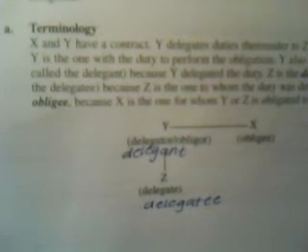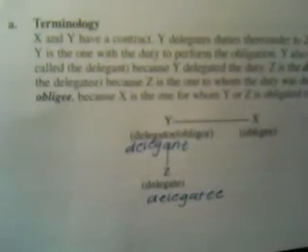So the rights and liabilities of the obligee are as follows. The obligee must accept performance from the delegate of all duties that may be delegated. She need not accept performance from the delegate of those duties that may not be delegated. The delegator will remain liable on his contract even if the delegate expressly assumes the duties.